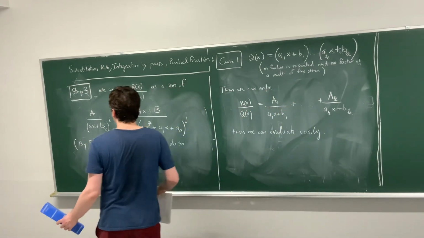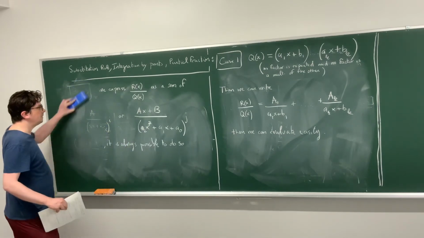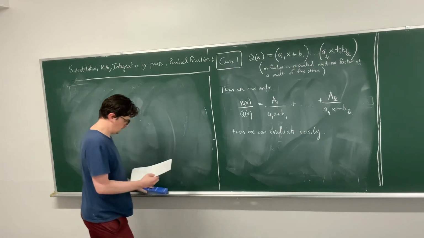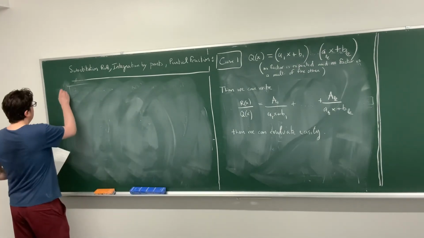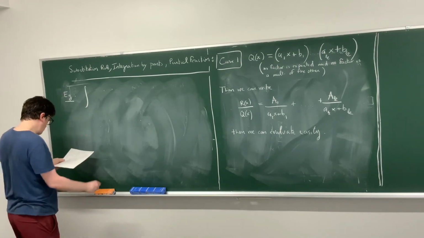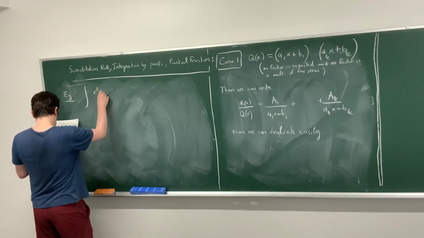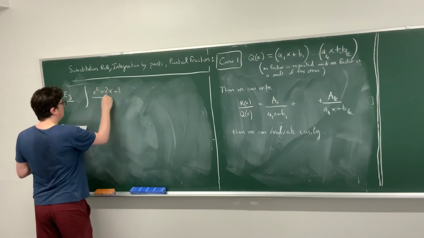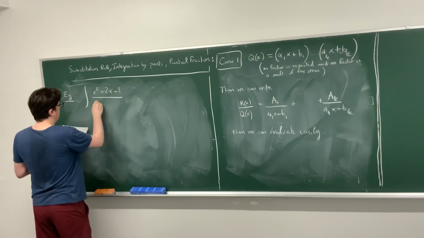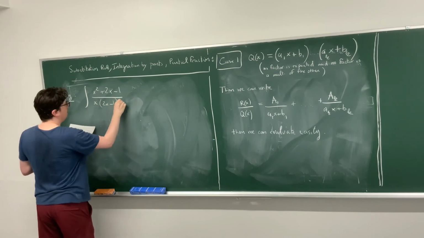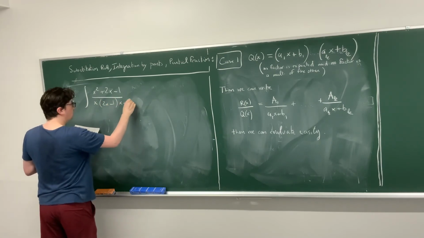Now let me give you an example of this. Okay, imagine that you want to evaluate x squared plus 2x minus 1 divided by x times (x minus 1) times (x plus 2).